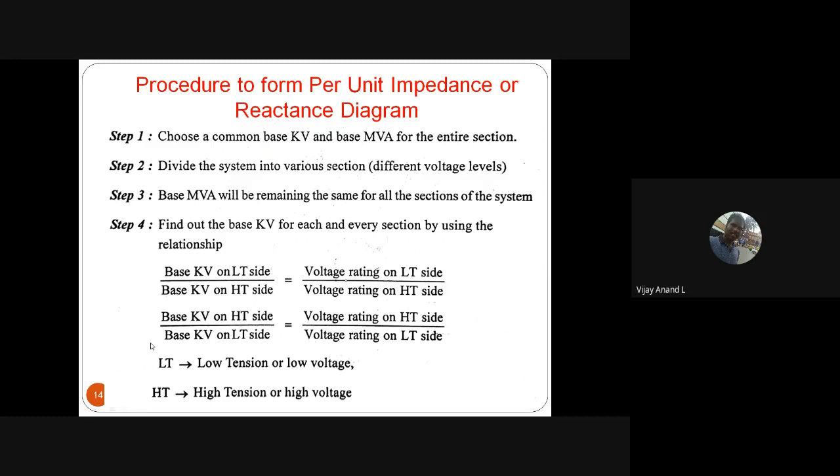Base KV on HT side divided by base KV on LT side is just the reverse. It is based on the transformer, where LT is low tension or low voltage side, whereas HT is high tension or high voltage side.